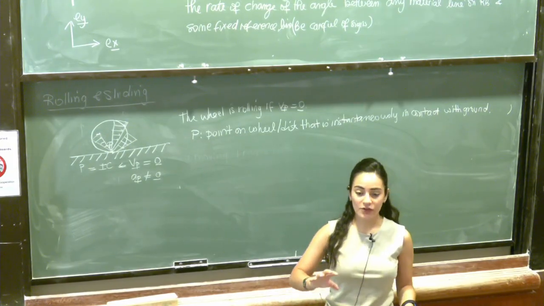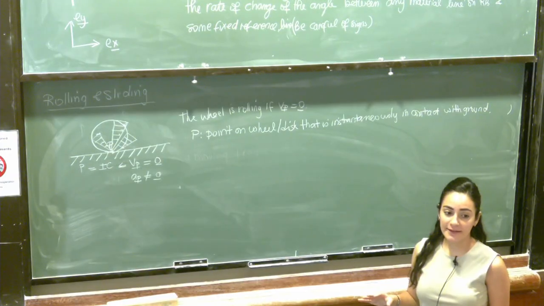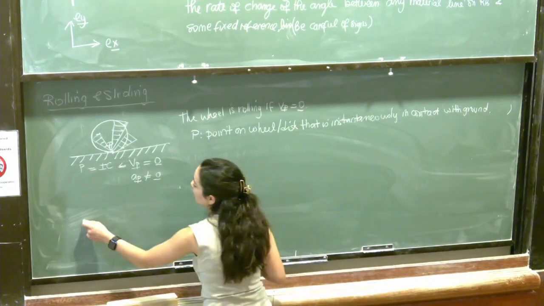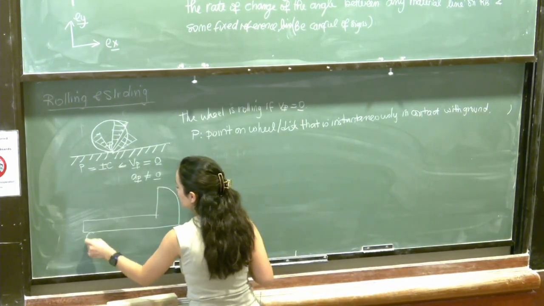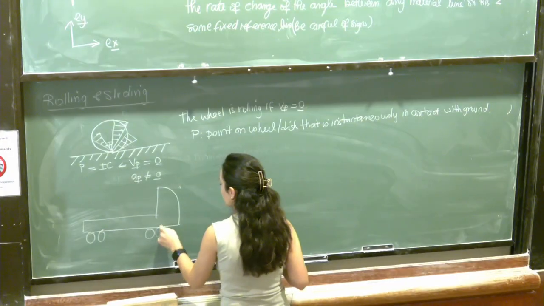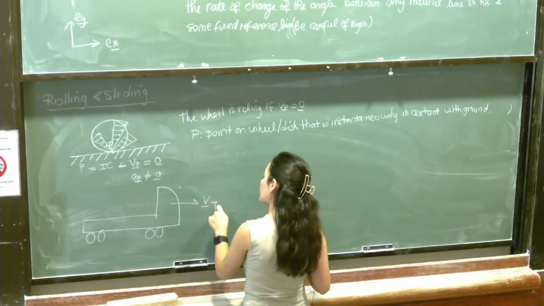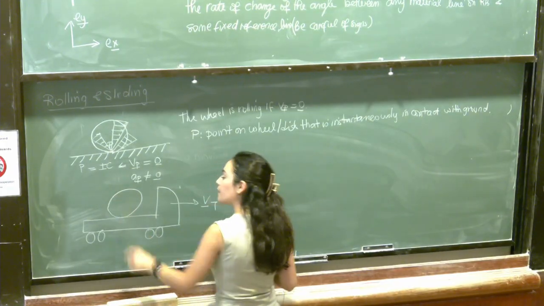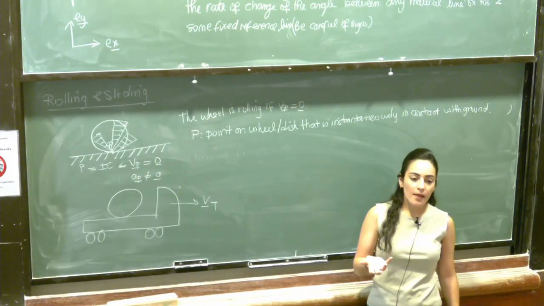Do you have any questions first? Say now I have a disk on a truck. The truck is moving with some velocity, and I have a disk on the back of the truck.